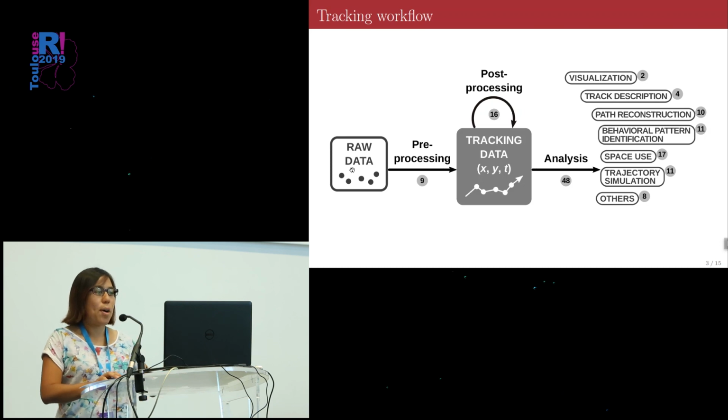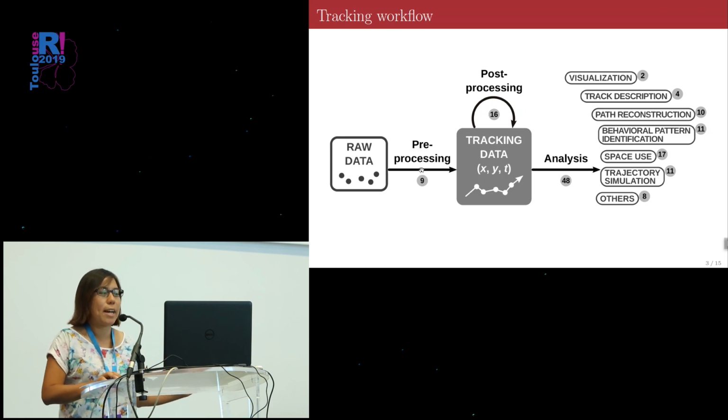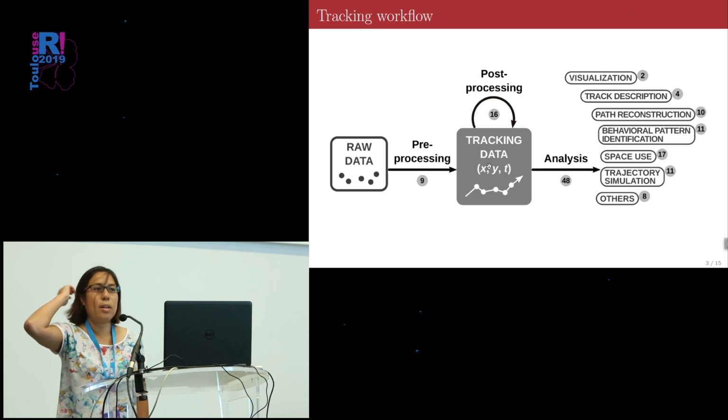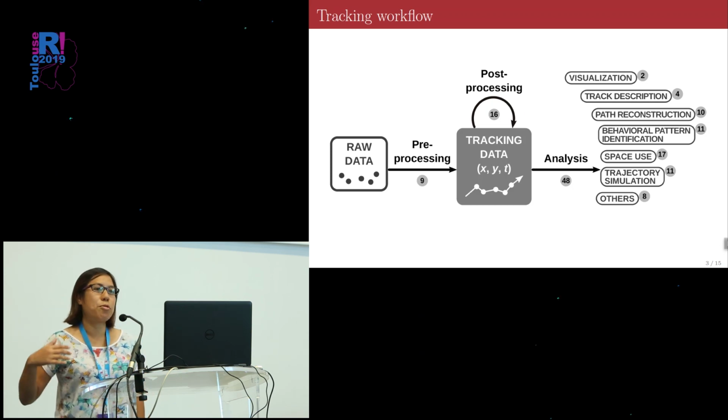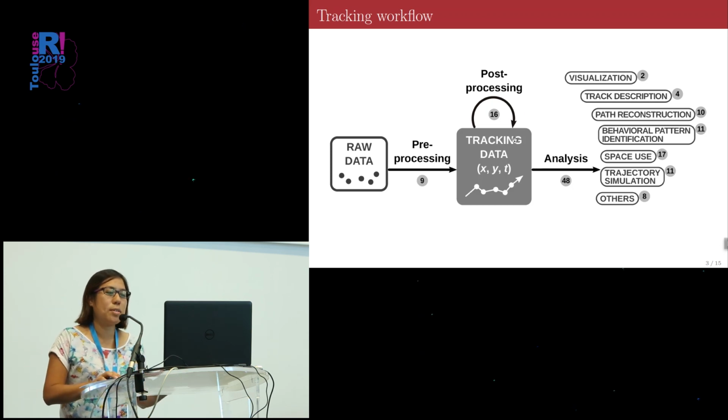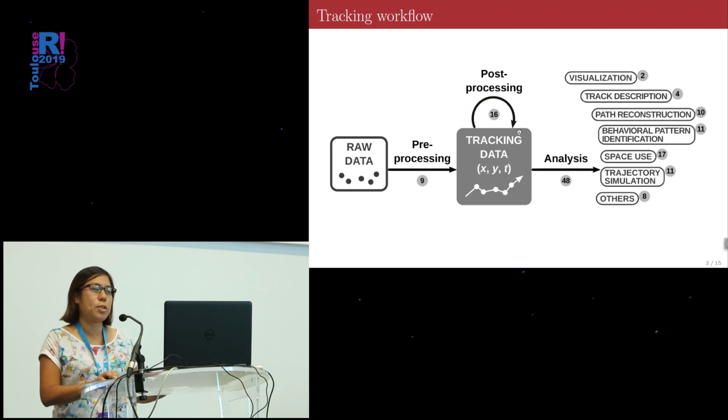And to pass from raw data to tracking data, there are some packages that do pre-processing. Once we have tracking data, there are some packages that do some cleaning and formatting in order to use the data for analysis, and that's post-processing.